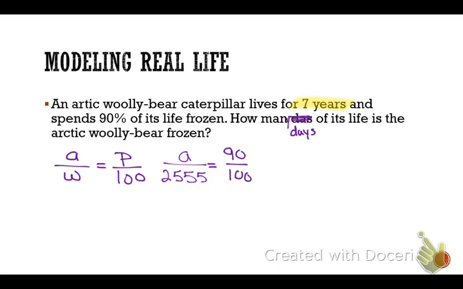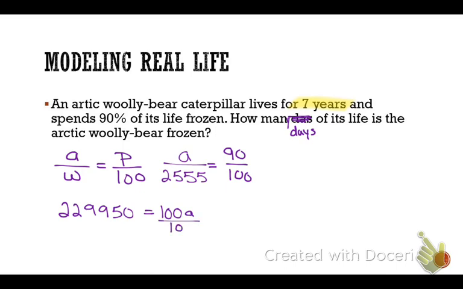What's 90 times 2,555? It's 229,950. Equals 100A.